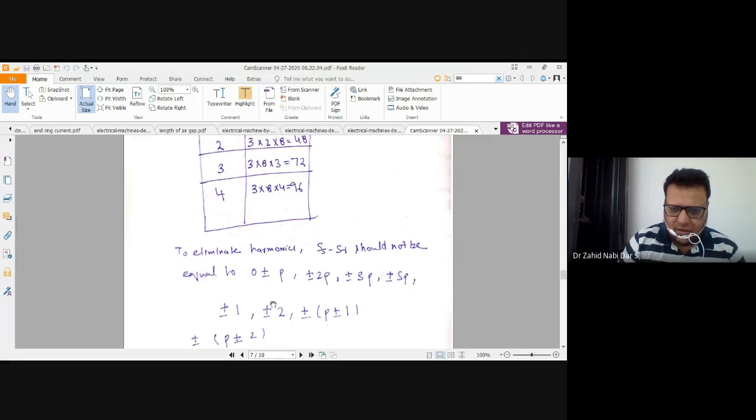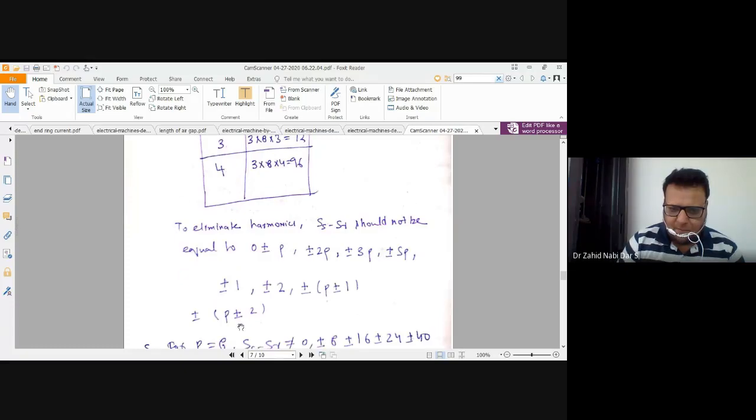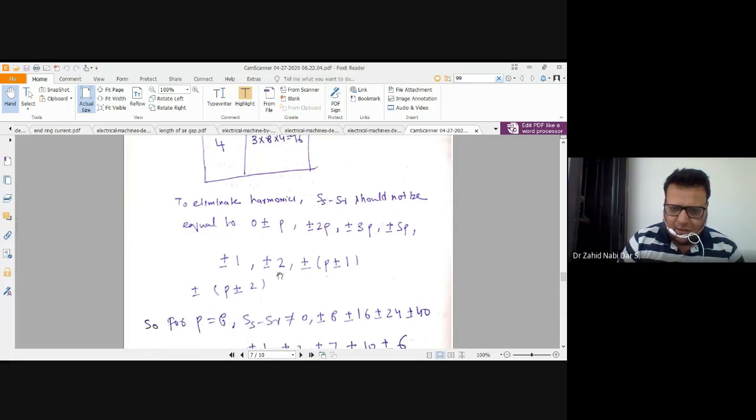So for P equal to 8, SS minus SR should not be equal to 0, or plus minus 8.